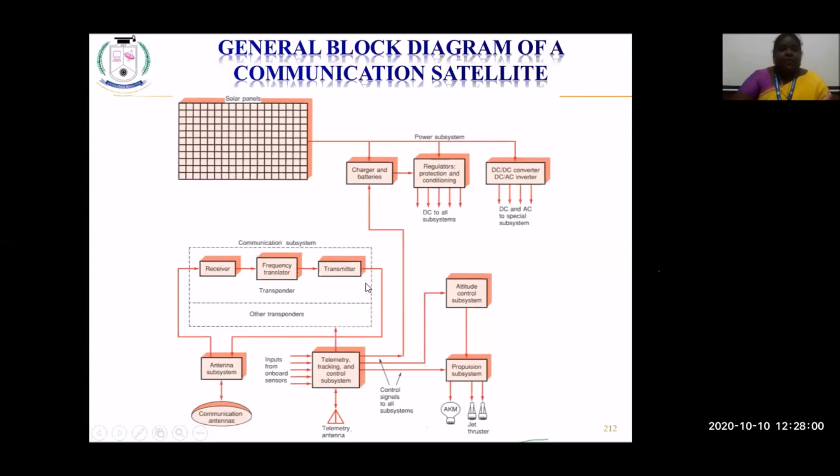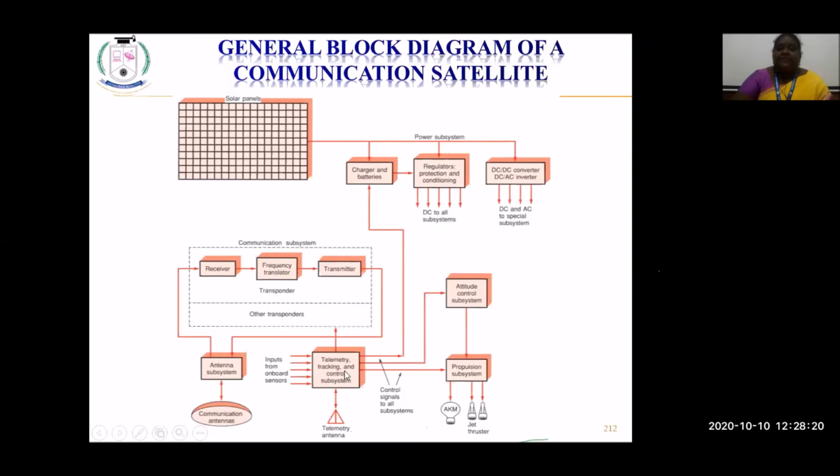This transmitter again transmits through the same antenna subsystem, where it is given to the communication antenna. So this is about the communication subsystem. Apart from this, this part is for the power supply, and this is for the communication.